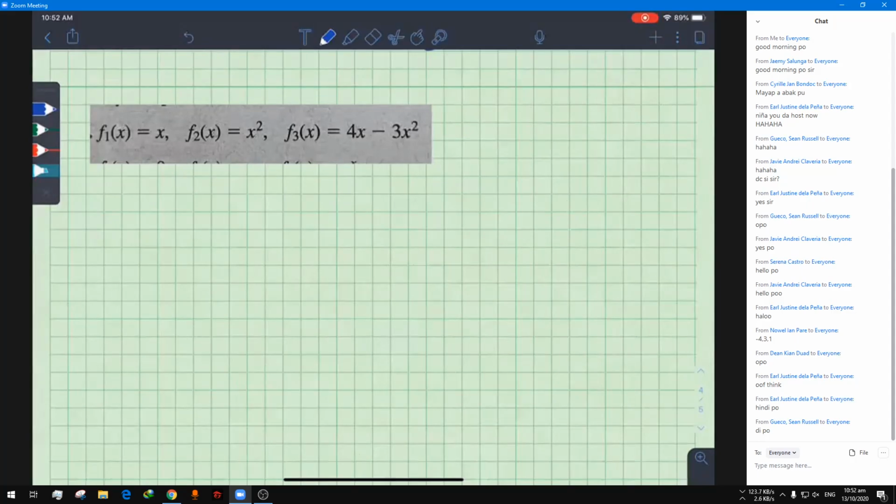So W, yung Wronskian natin, we're going to write down x, tapos x squared, tapos we'll have 4x minus 3x squared, and then derivative ng x is 1, derivative of 1 would be 0. X squared is 2x, tapos I'll have 2. So 4x, that would be 4 minus 6x. Tapos negative 6.